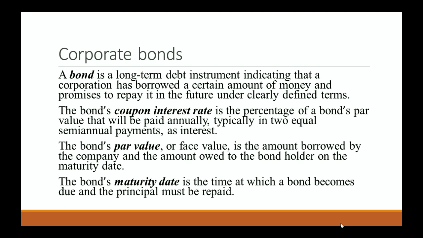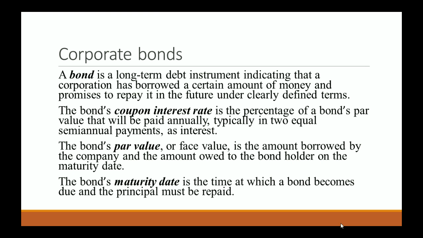In return, they agree to pay you specific interest payments every 6 months or every year, depending upon the contract. It's basically an interest-only loan, so you're receiving interest payments every 6 months or every year, and then upon maturity, you will receive the principal of the bond.